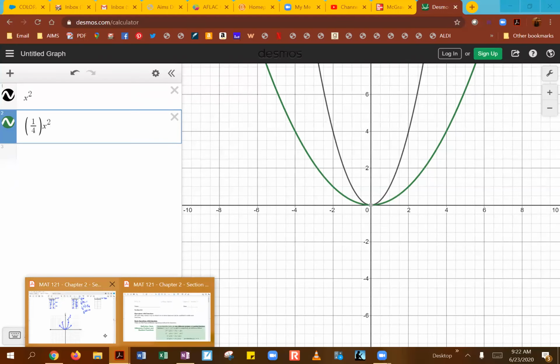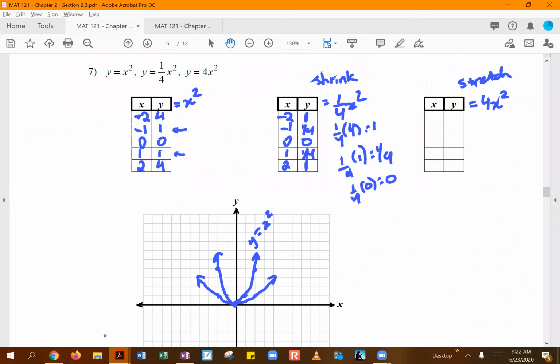Now let's see what happens when we do stretching, when we multiply by that +4. So keeping the same x values, but this time all our original y values will get multiplied by 4. So you will have 4 times 4, which will give you 16. So that will be for +2, -2.